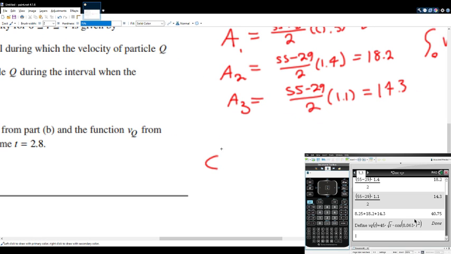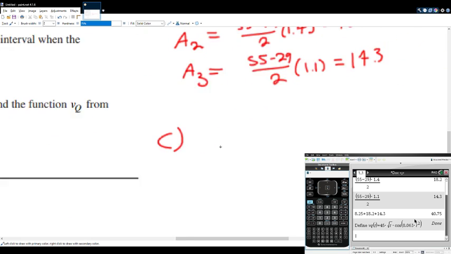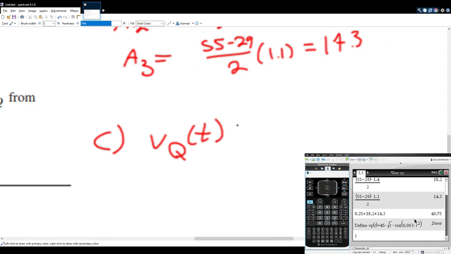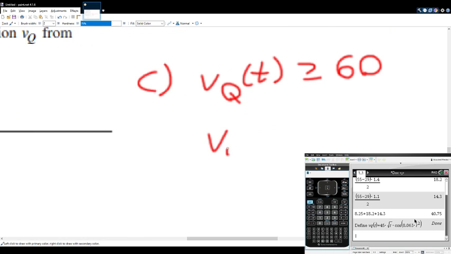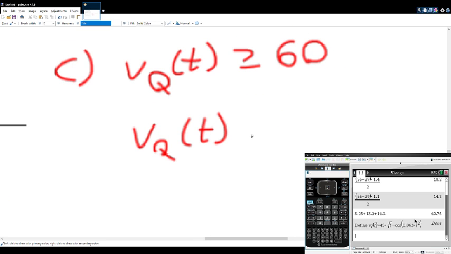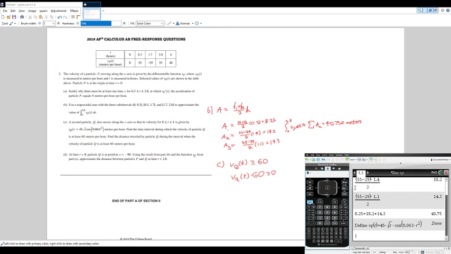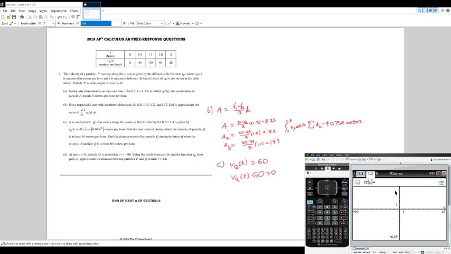And the easiest way to do it is by graphing. So it says Vq of t is at least 60. So that means Vq of t minus 60 is greater than or equal to 0. So we can go ahead and graph that function on our calculator, because we already defined it.